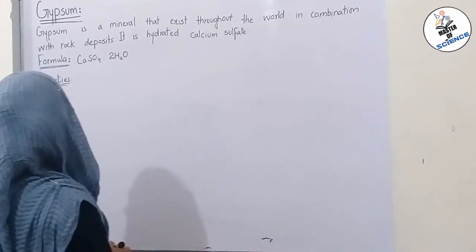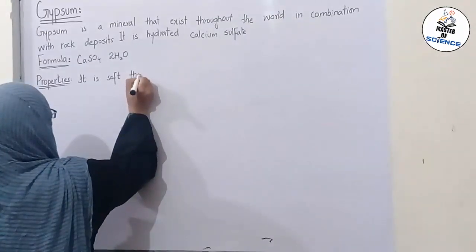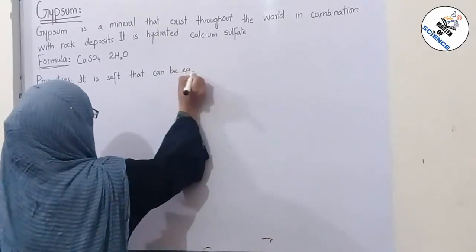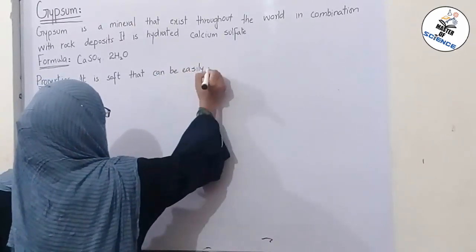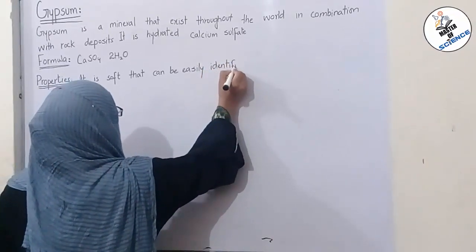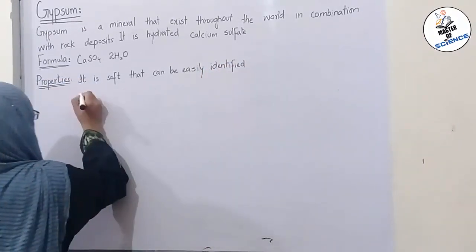So we can write its properties. First of all, it is soft, that can be easily identified. Second point is that it undergoes cleavage.